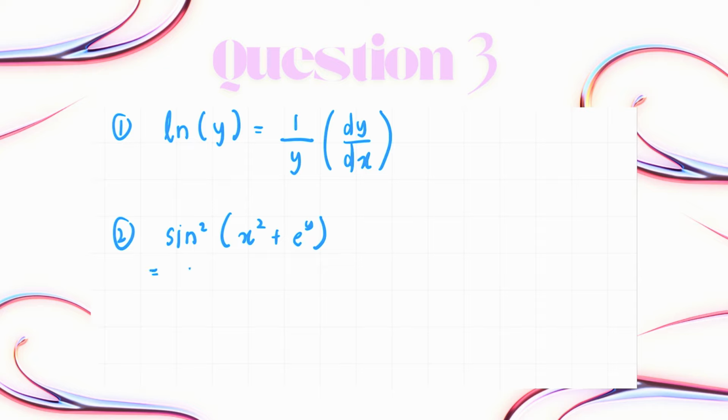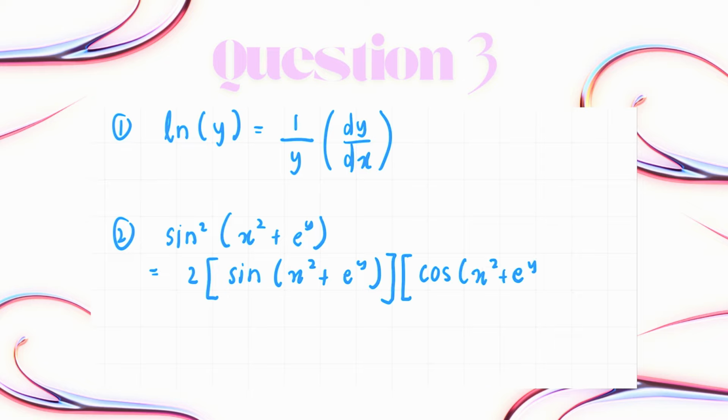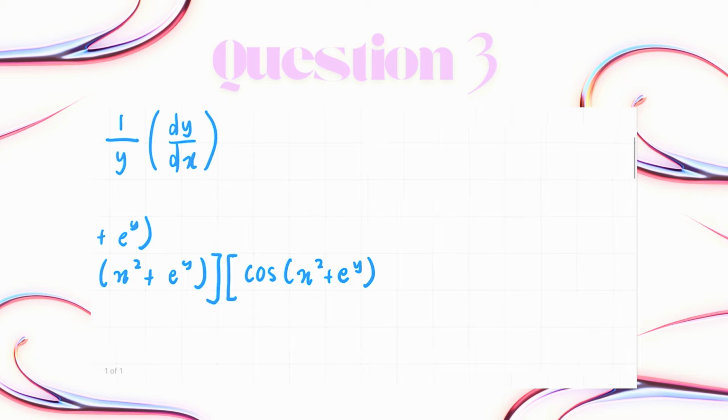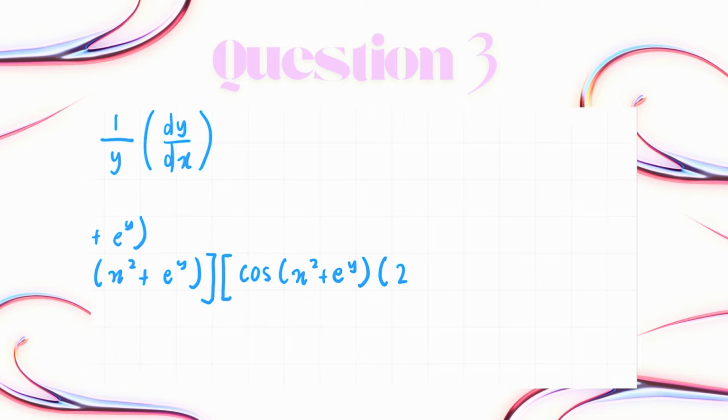To differentiate, we'll need to bring 2 to the front and we'll have sine in bracket x squared plus e^y. Then we have to differentiate sine and it will become cos of x squared plus e^y. Then we have to differentiate the bracket, so it will become 2x plus e^y dy/dx.